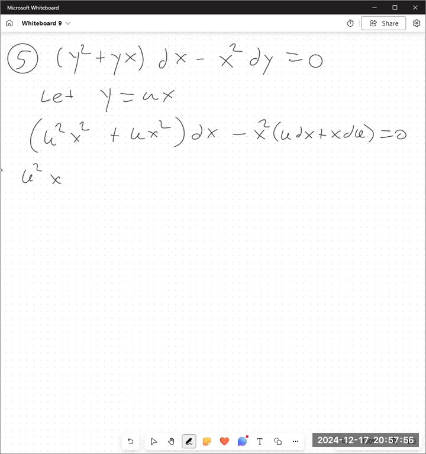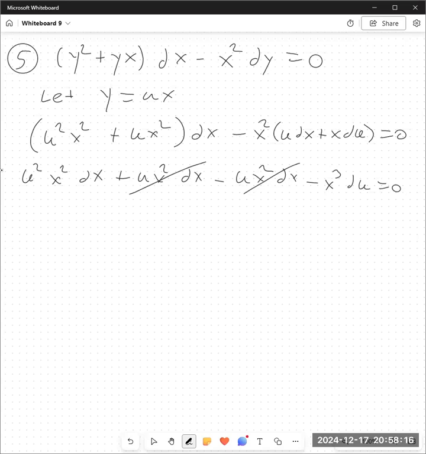U squared x squared dx plus ux squared dx minus ux squared dx minus x cubed du equals 0. Ux squared dx and negative ux squared dx zero each other out.